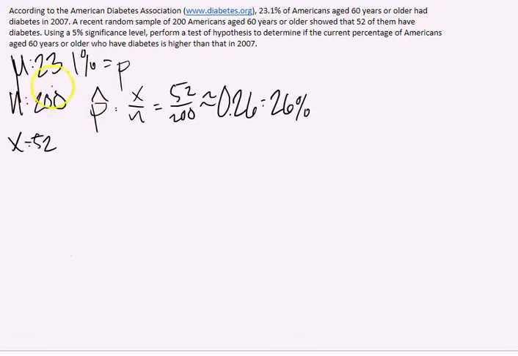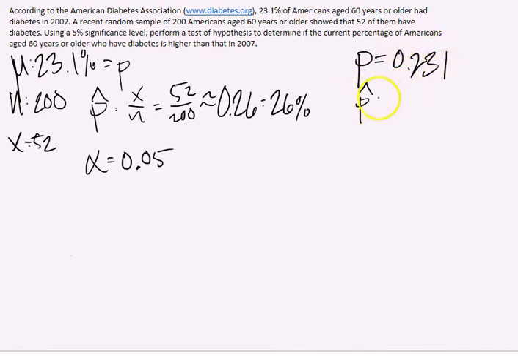What else do we have? We're using a 5% significance level, so alpha is 0.05. Perform a hypothesis test to determine if the current percentage of Americans age 60 or older who have diabetes is higher than that in 2007. So I have my useful information. If I clean this up a little bit, my assumed average value is 0.231.